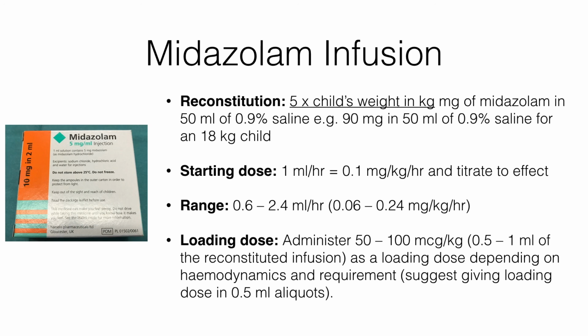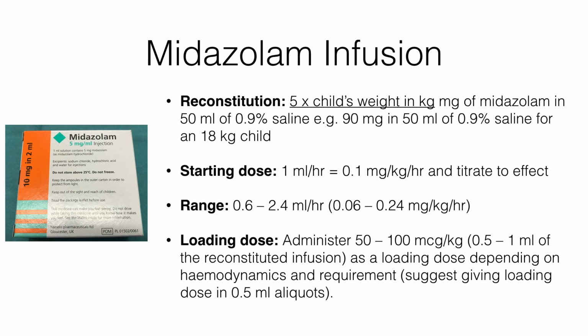So how do we make up a midazolam infusion? It's normally 5 times the child's weight in milligrams of midazolam, made up to 50 mils with 0.9% saline. So for example, you have an 18 kilo child, that's 90 milligrams in 50 mils of 0.9% saline.